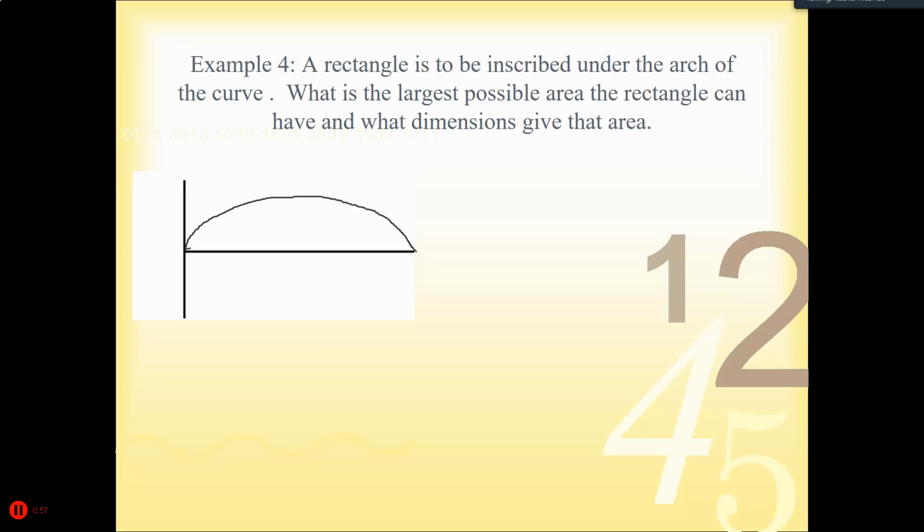Okay. So a rectangle is to be inscribed under the arch of a curve. I think the arch was just drawn in. For whatever reason, it deleted it off my PowerPoint. I probably have your note guide here.